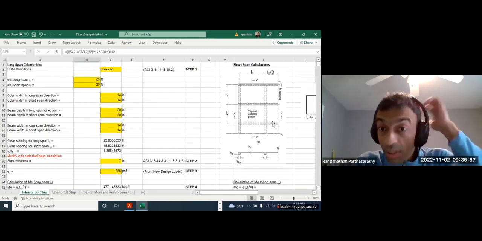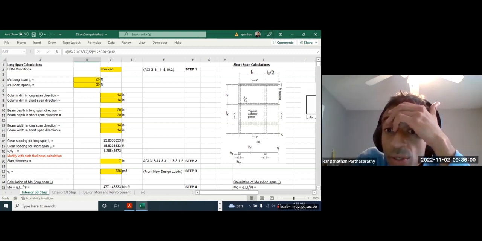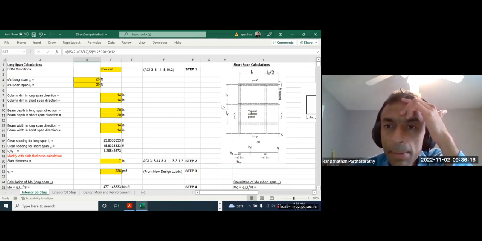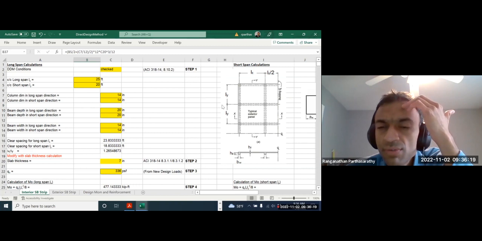Let me explain right here. When we are looking at a slab beam panel here, this is one slab beam panel, center to center, this whole thing. And this is another slab beam panel.